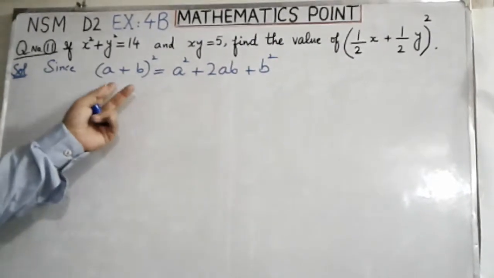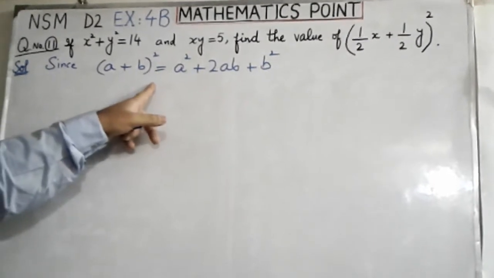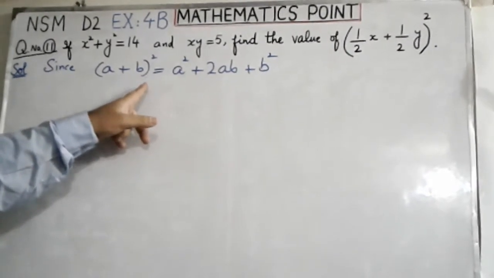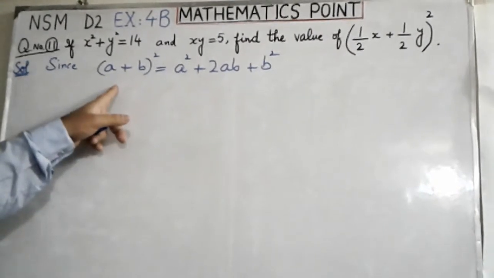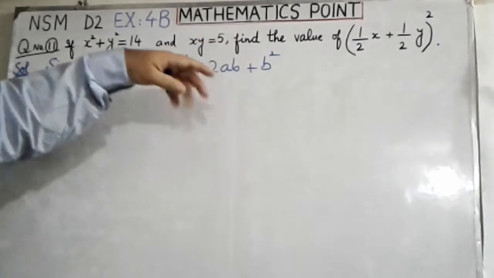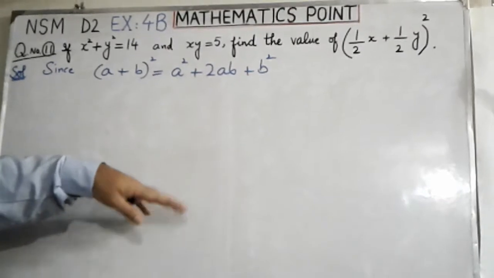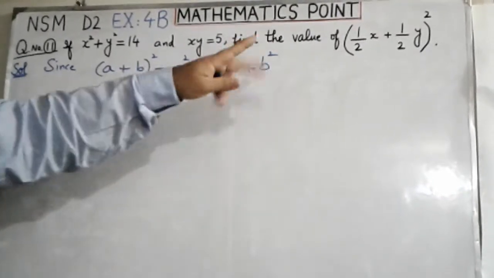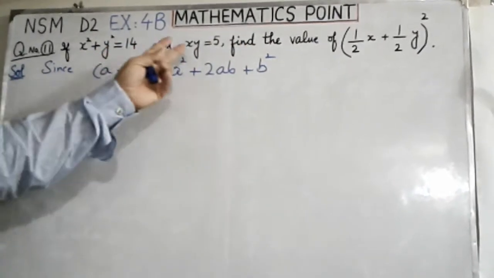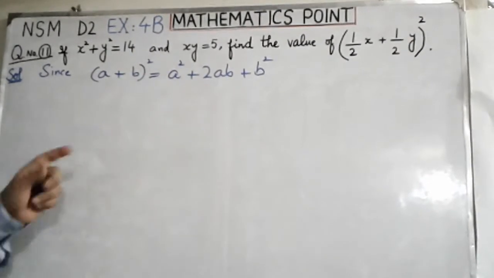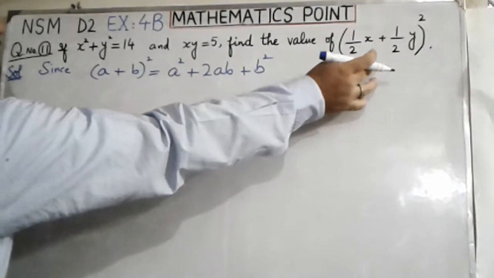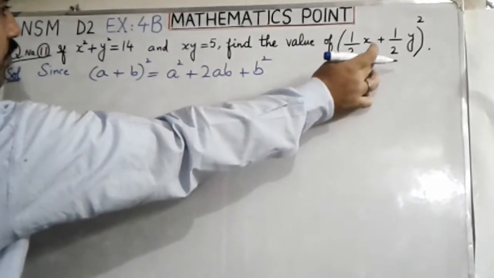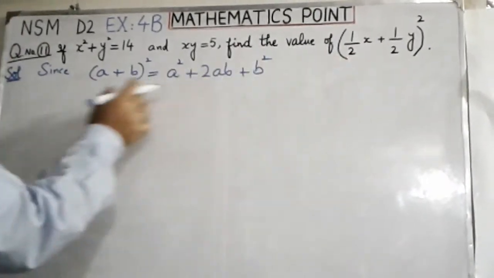We are going to apply this identity on this expression. Then we can easily expand it and find the value of the expression by using these two given values. So the expression is half x plus half y whole square.